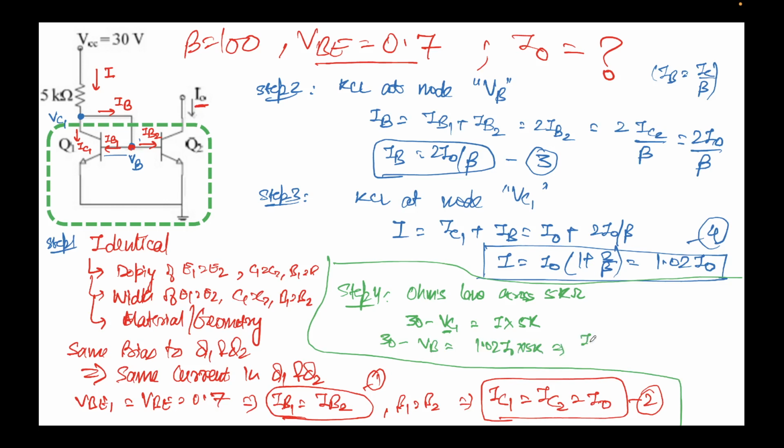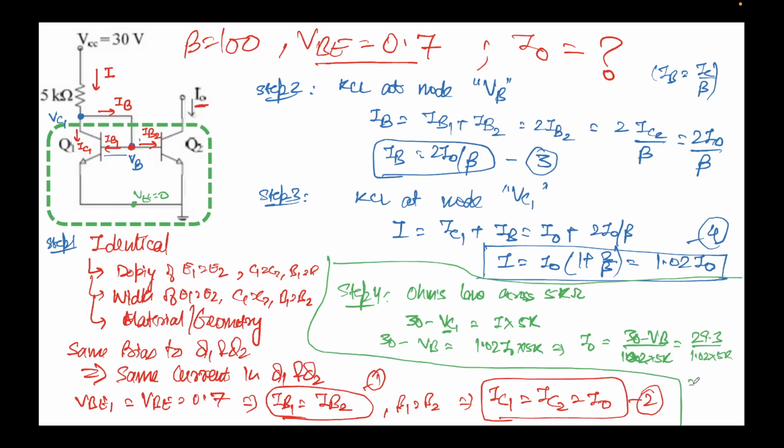From this I can obtain I0 as 30 minus VB over 1.02 times 5k. What is the value of VB? VE is grounded, so VB is nothing but 0.7. So this will come out to 29.3 divided by 1.02 times 5k.